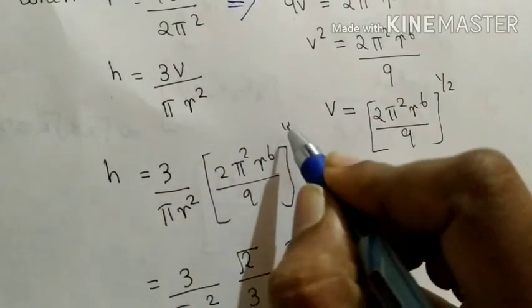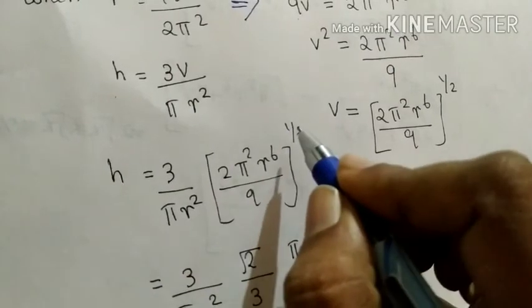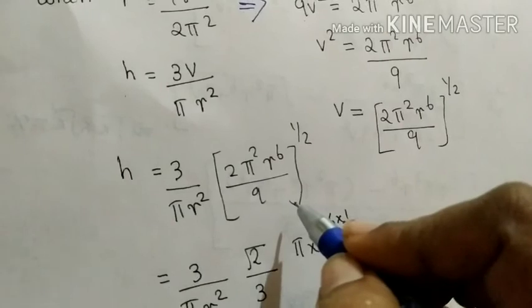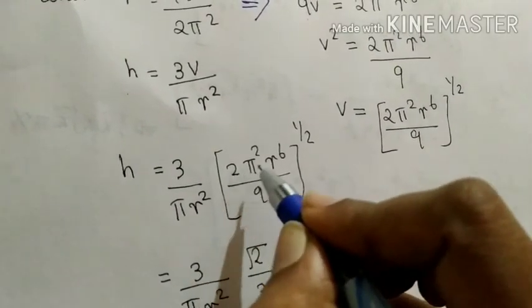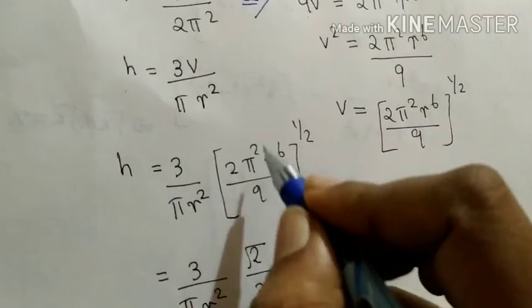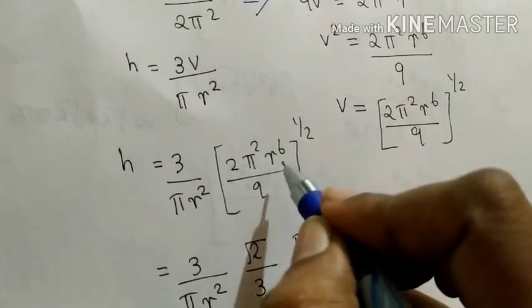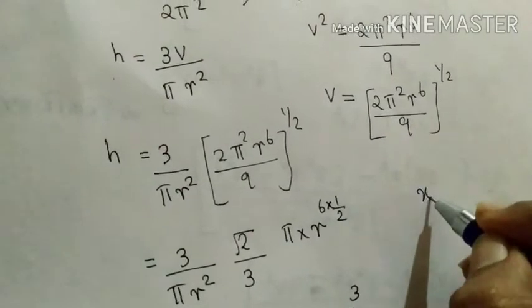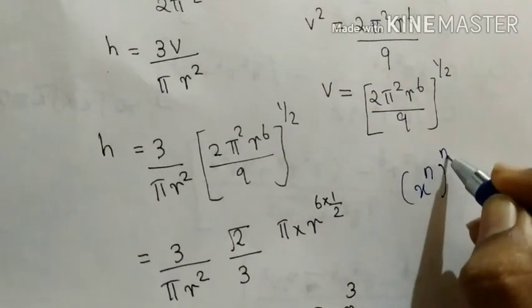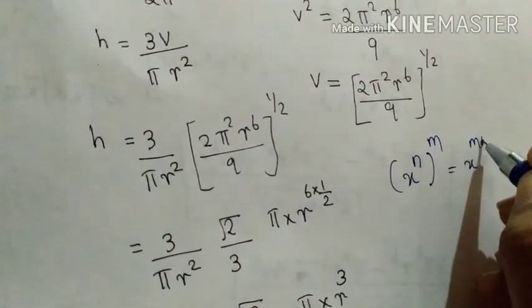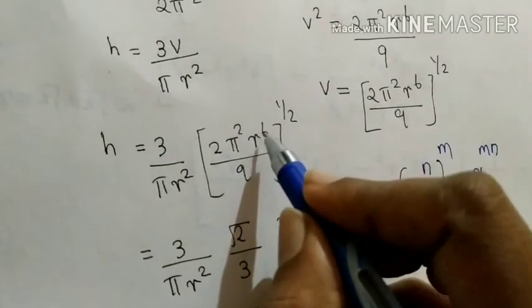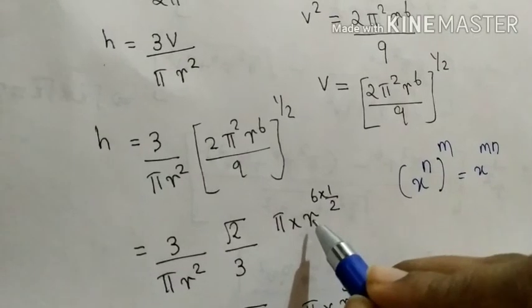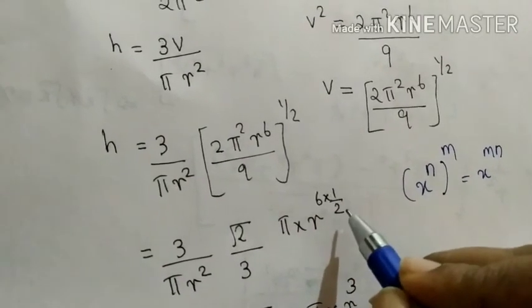root 2, taking this half, raised to half to all this term inside the bracket, we get root 2 pi square raised to 1 by 2 means pi, r raised to 6 whole raised to 1 by 2 means, using the law of exponent, that is x raised to m whole raised to n is x raised to mn, right? So r raised to 6 whole raised to 1 by 2 changes to r raised to 6 into 1 by 2, right?